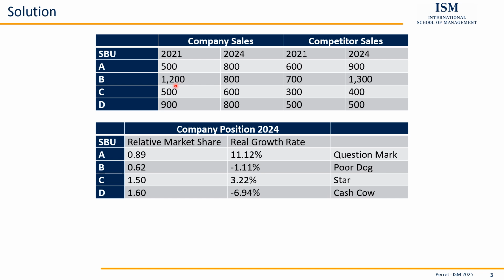With business unit B, the old value is 1,900, the new value 2,100. So we go 2,100 divided by 1,900. Out of this again, third root, minus 1, minus 0.045 inflation rate, giving us a real growth rate of minus 1.11%.